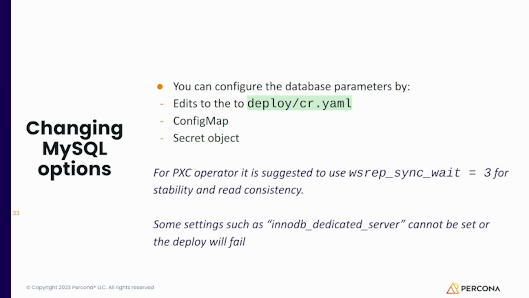One example is this one, innodb_dedicated_server. Nando Laudares, one consultant from my team, filed a bug recently that this parameter in particular, if set on the operator, mismatches with the operator deployment and causes some issues. But other than this and maybe a few exceptions, you can use this very same configuration that you have on your current deployment, but for the operator.